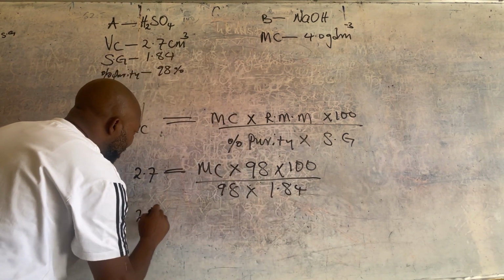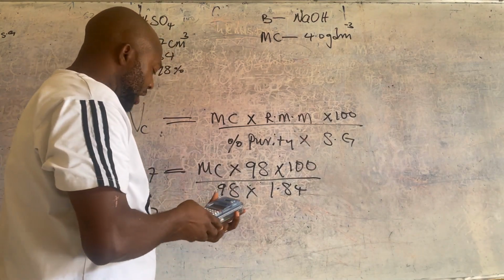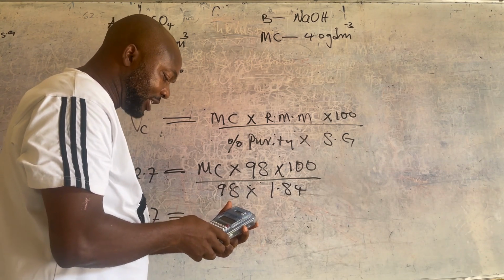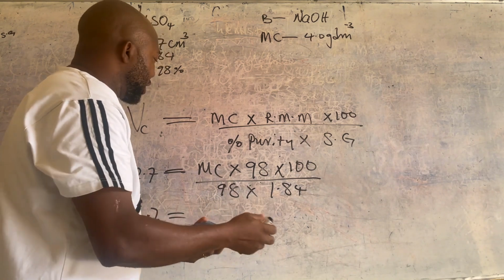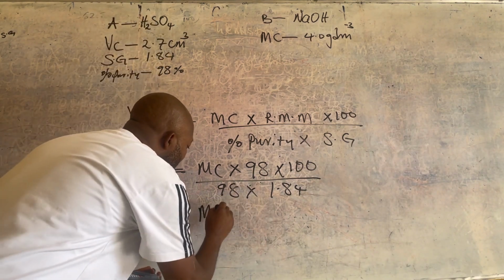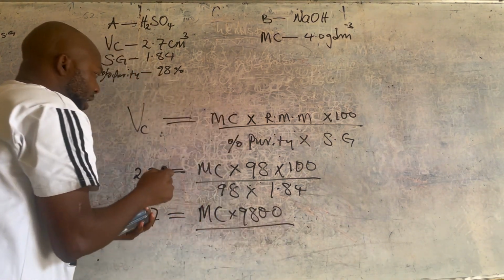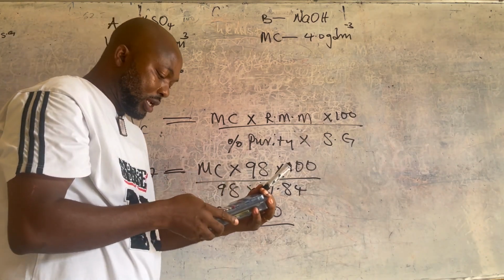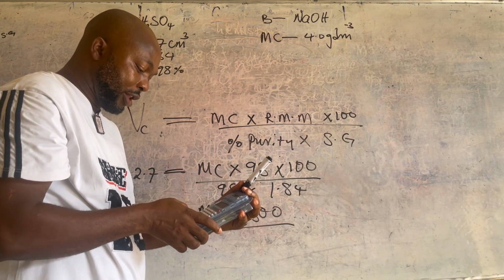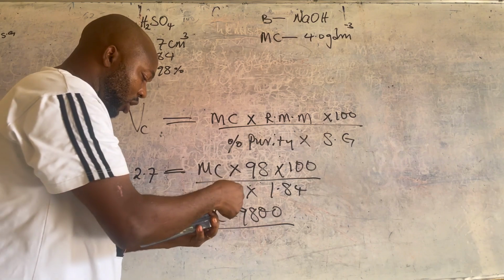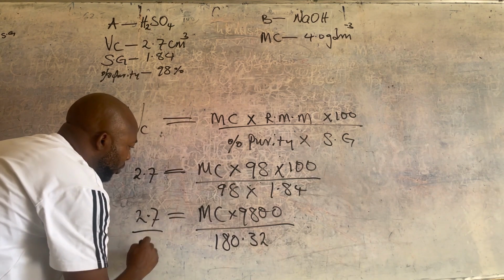So 2.7 is equal to: I have my 98 times 100 gives me 9,800. So I have the molar concentration times 9,800 all over 98 times 1.84, and that gives me 180.32. This is over 1.